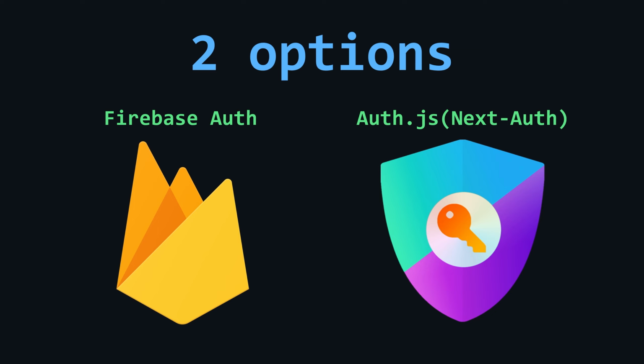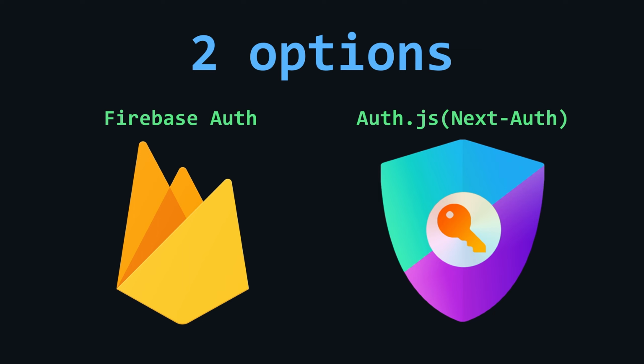The reason for Firebase is that I was already going to be using Firebase for the database, Firestore. So since I was already using that, why not just use Firebase Auth? It already had other features built in, which made it relatively easy. It was a solid option.